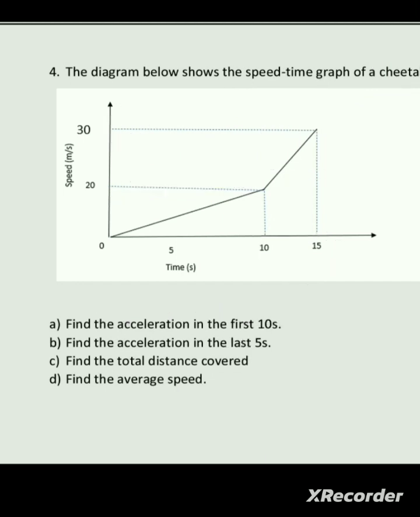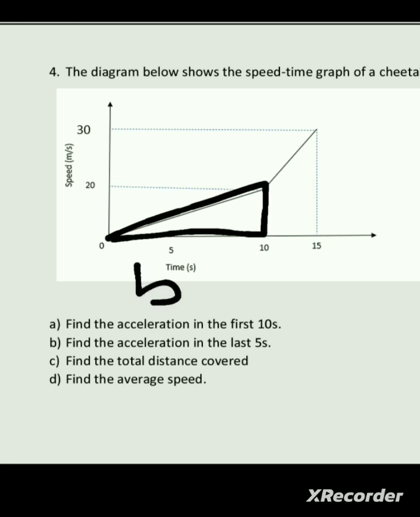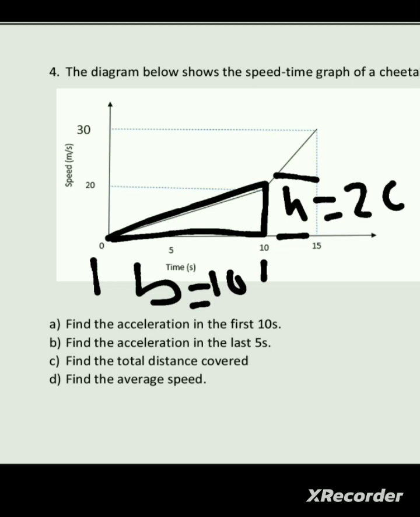C, find the total distance covered. Total distance, what shapes do we have here? I can see a triangle here, and I can also see the trapezium here that has been rotated. So I'll start with the triangle. This triangle has got B from here to here, 10 minus 0 is 10, and it has H from here to here, which is 20 minus 0, 20.